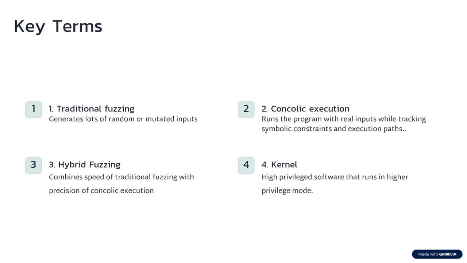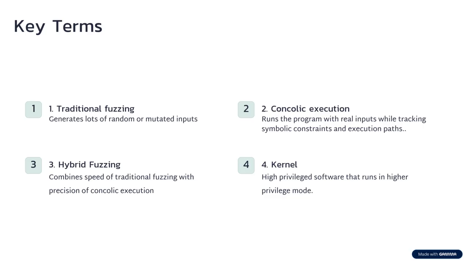This is what leads to hybrid fuzzing. Hybrid fuzzing combines both of these methods, traditional fuzzing and concolic execution, taking the speed of traditional fuzzing and the precision of symbolic, or concolic, execution. The fuzzer explores broadly and efficiently.